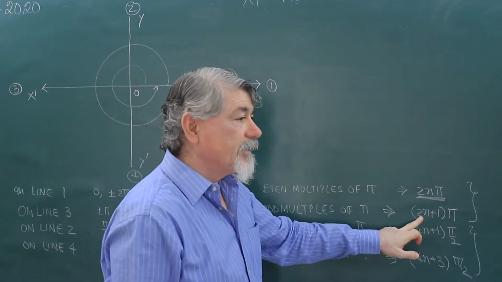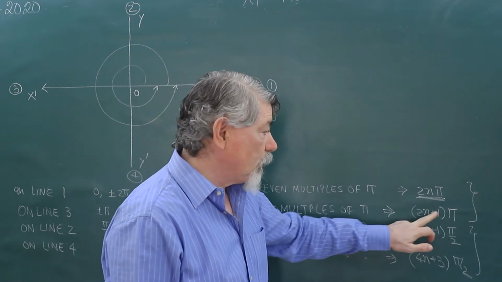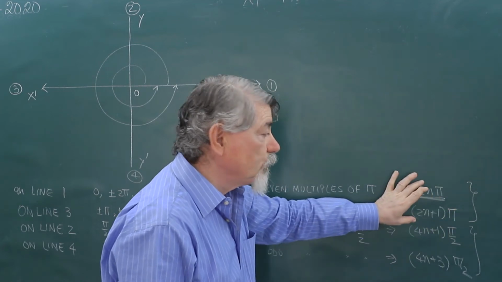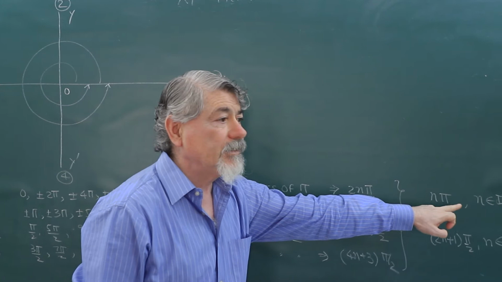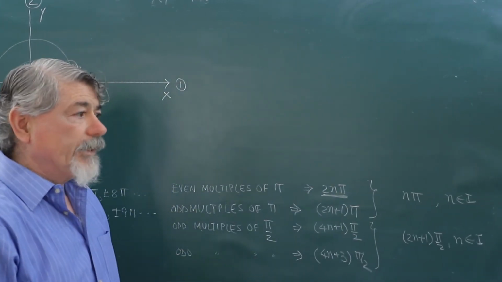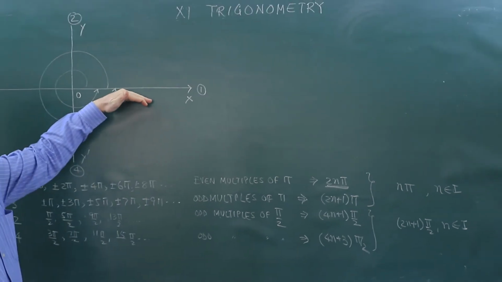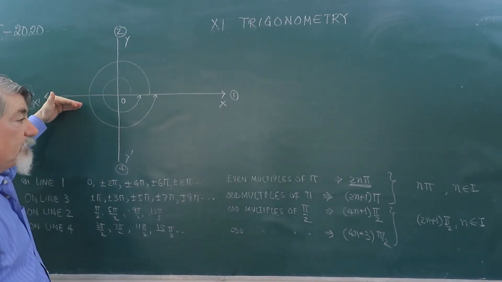Odd multiples means if you add 1 to the even number, then you get odd, (2n plus 1) pi. And if you combine these two together, then you get n pi, where n belongs to integers. You give any values to n and you will be able to obtain all the values, whether they are on line 1 or on line 3.